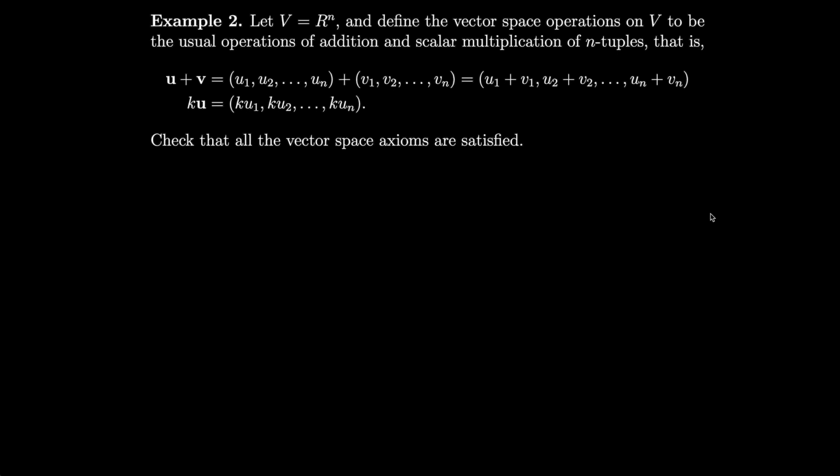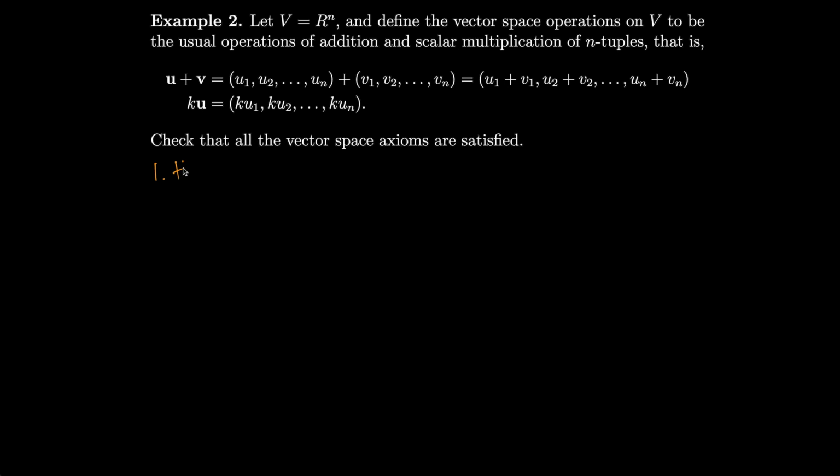Let's do another one. How about if V is Rn, and we define the vector space operations to be the usual operations of addition and scalar multiplication. So the ones that we're used to, where we just take any vectors u and v and add their components together to get addition, and multiply the scalar by each of the components to get scalar multiplication. So let's check that the sum of any of these vectors is in there.